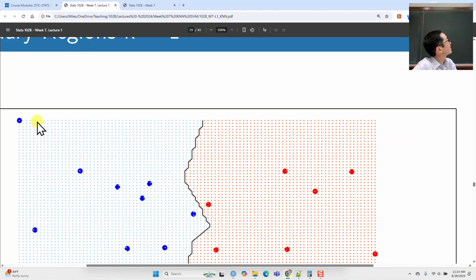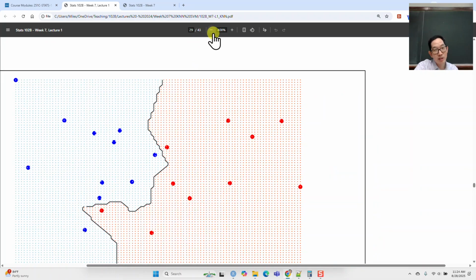Basically, I had the computer do K nearest neighbors with K equal to 1 for every single dot here, and then color them. So for this dot right here, when we ask what the 1 nearest neighbor is, it says it's this dot, so it's going to get blue. But if you go over here, this tiny little dot, what's the 1 nearest neighbor? It's this red circle here, and so this gets classified as red.